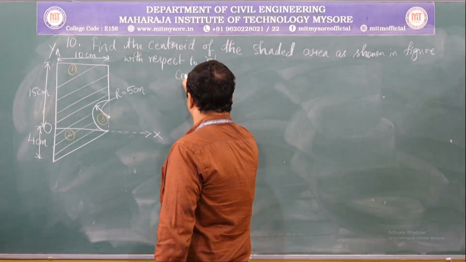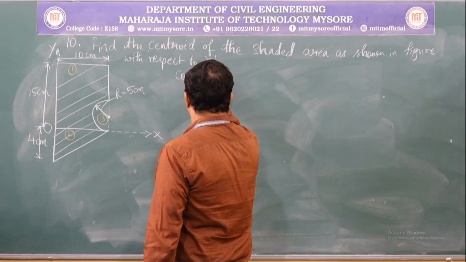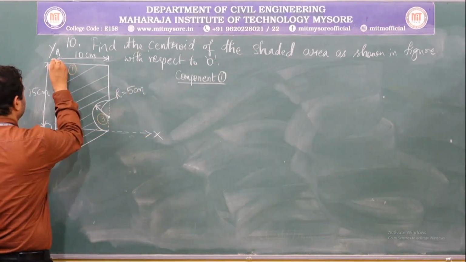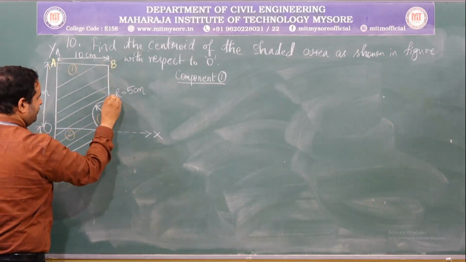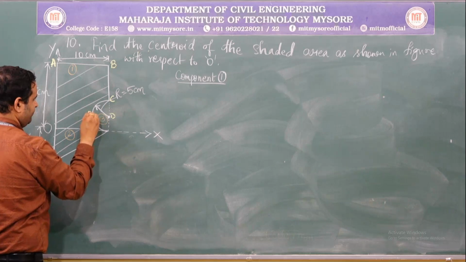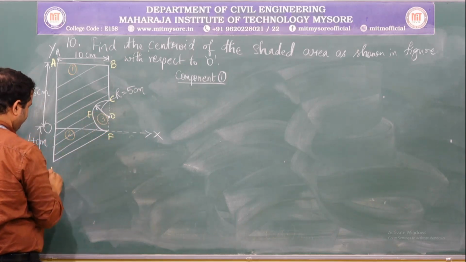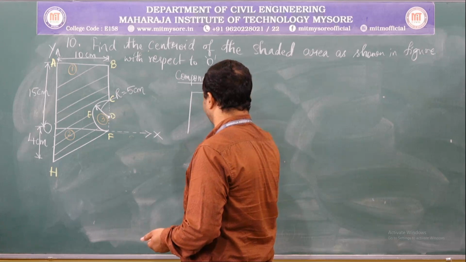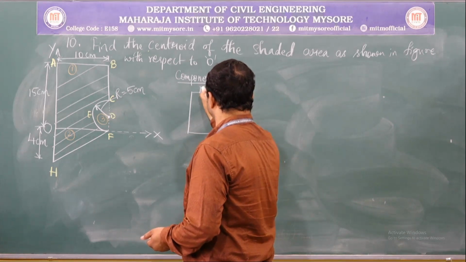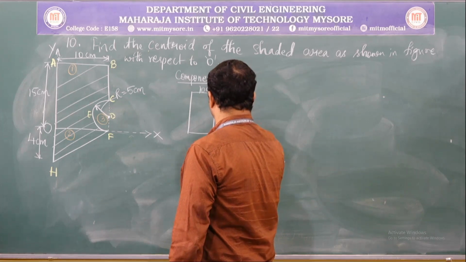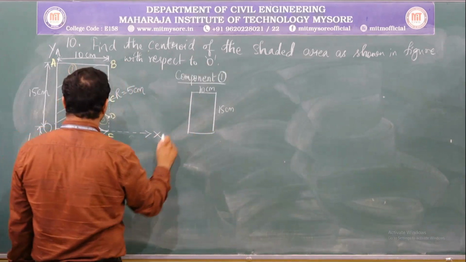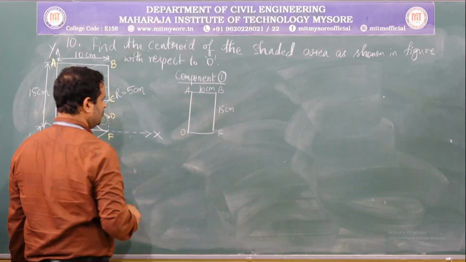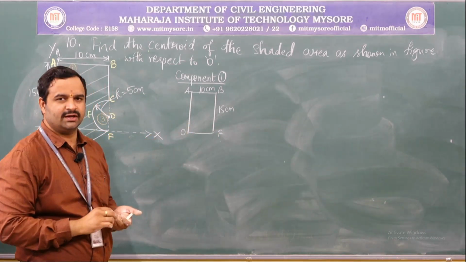Now writing component 1 details. Component 1, let me name it, 10 centimeter, 15 centimeter, and this is A, B, F and O. Where does the centroid of this rectangle lie?